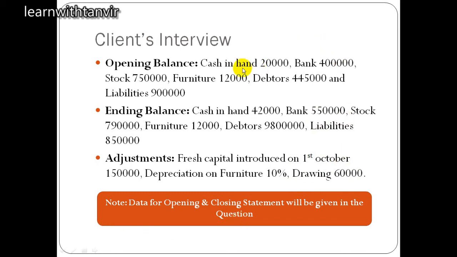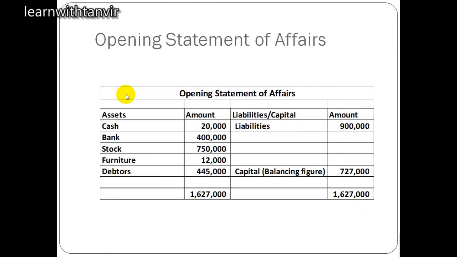So this information is available. Now we will make the profit and loss account. First of all, we will make the opening statement of affairs. In the next slide you can see that I have put the data of opening balances into a balance sheet like proforma. This is actual data given by him, and this is also actual data given by him. These are liabilities, 900,000, mentioned in the previous slide, and this is the asset side and this is the liability side.